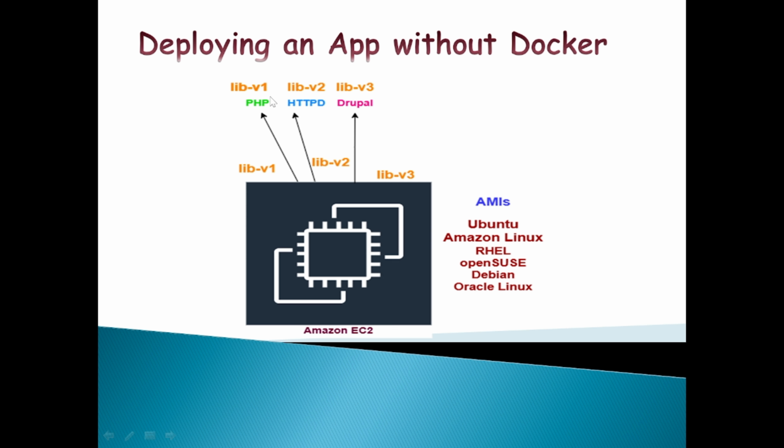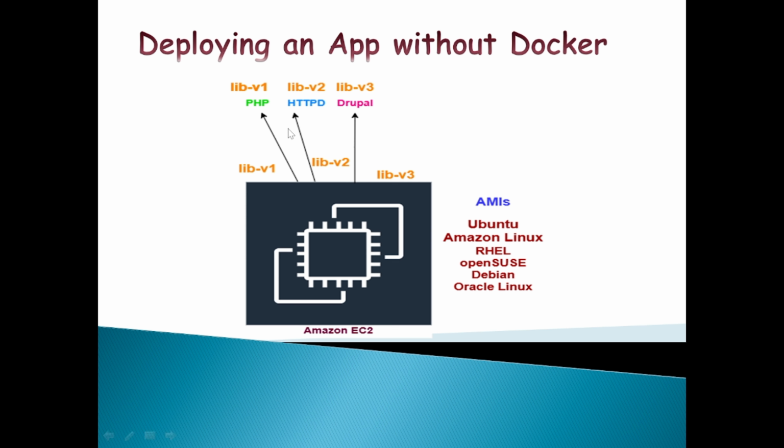Now, in this scenario, the first thing is you have to identify one operating system which is compatible with all the 3 different packages that you want to install as part of your application stack. So you have to identify the right operating system.